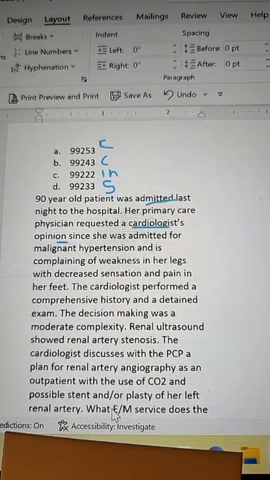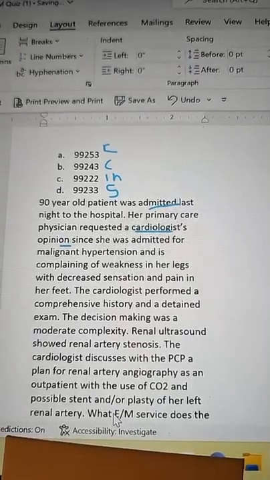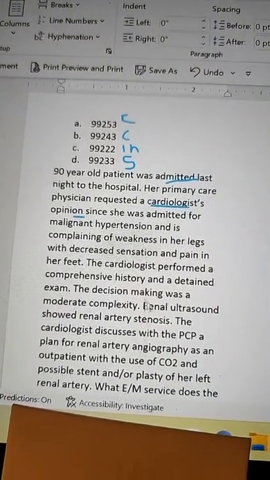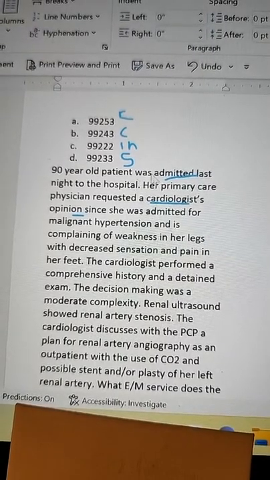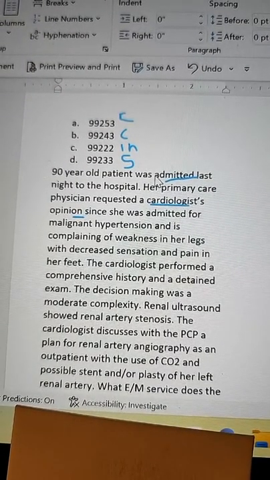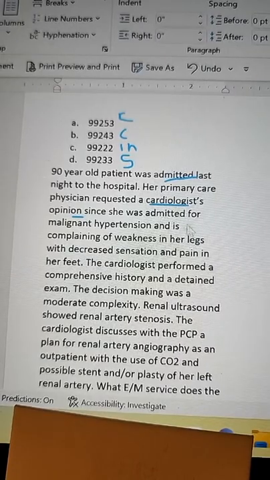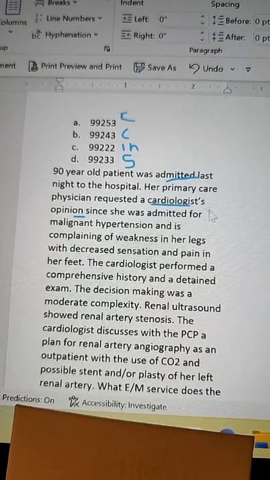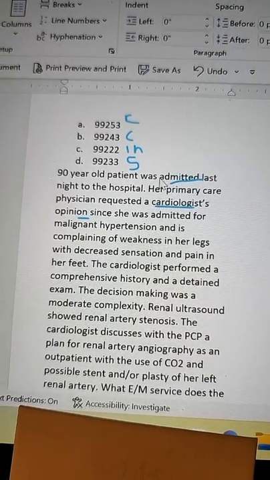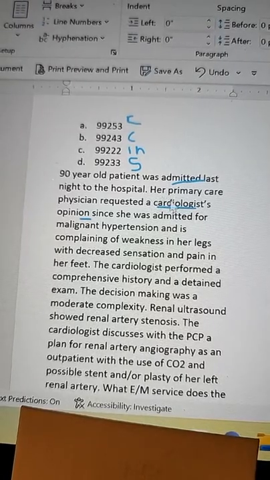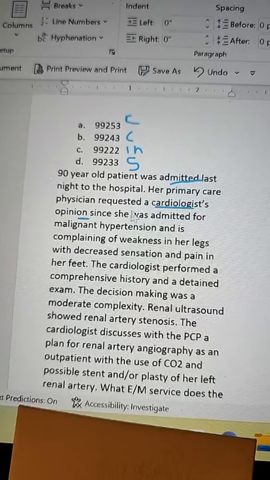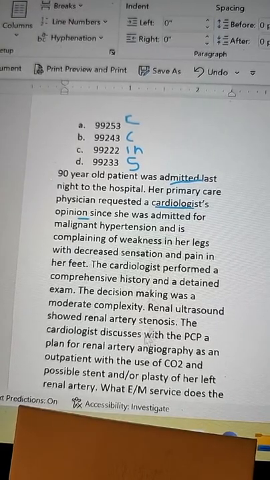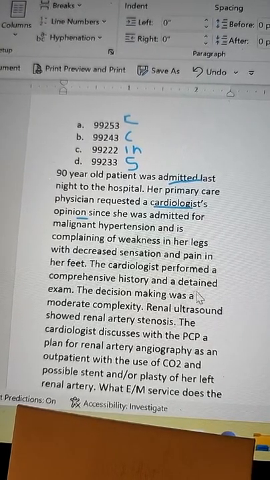So we are doing. Now, the confusing thing without the chart is, were they admitted and seen last night by the cardiologist? And then this is a subsequent visit. Without the chart, I wouldn't be able to tell, but I'm assuming they were admitted by the primary care physician last night. And then the cardiologist is doing rounds this afternoon, the next day.